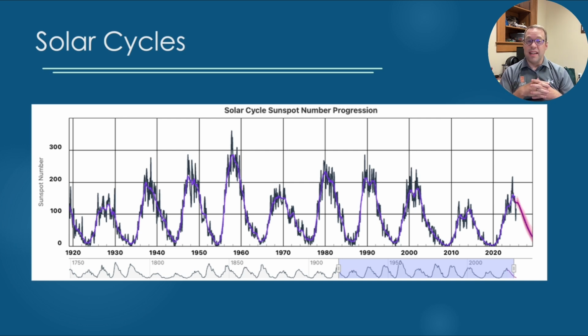Here is another interesting thing to look at. This is the number of sunspots identified in a given year. Notice it goes through a cyclical pattern. You have high numbers of sunspots, and then low numbers of sunspots, high sunspots, low sunspots, so on.